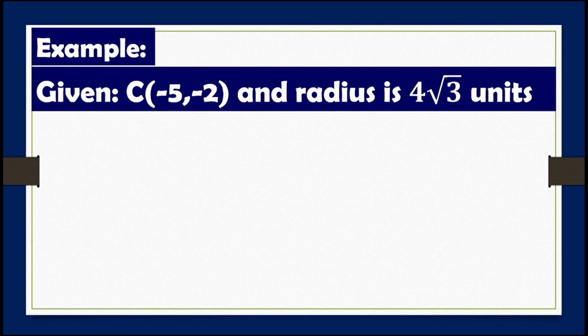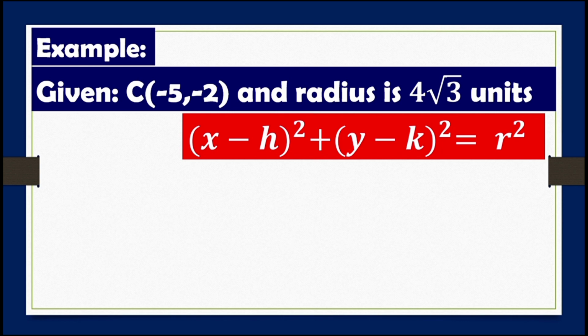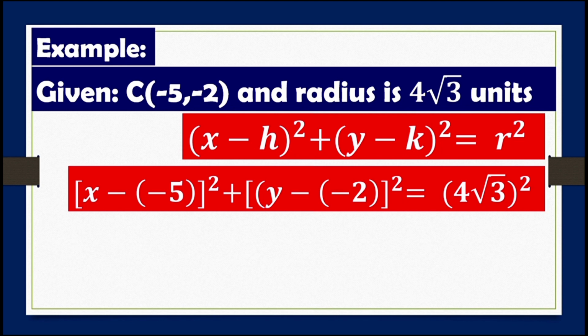Another example. Center has coordinates (-5, -2), and radius which measures 4 square root of 3 units. Again, utilize our standard form and substitute the coordinates of our center and radius in our existing standard form.